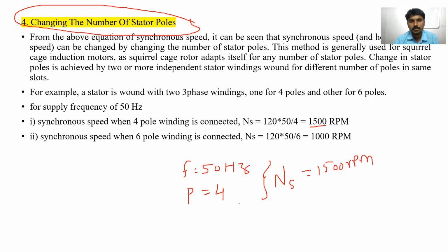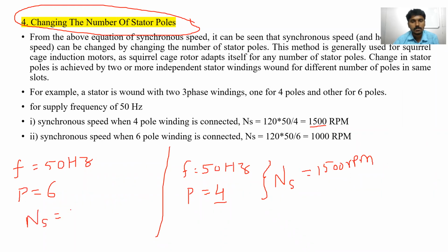In the second case, the frequency is the same, that is 50 hertz, and P increases. The number of poles of the stator of the induction motor increases. That was 4, now we are taking 6. Clear? So what will be the synchronous speed?